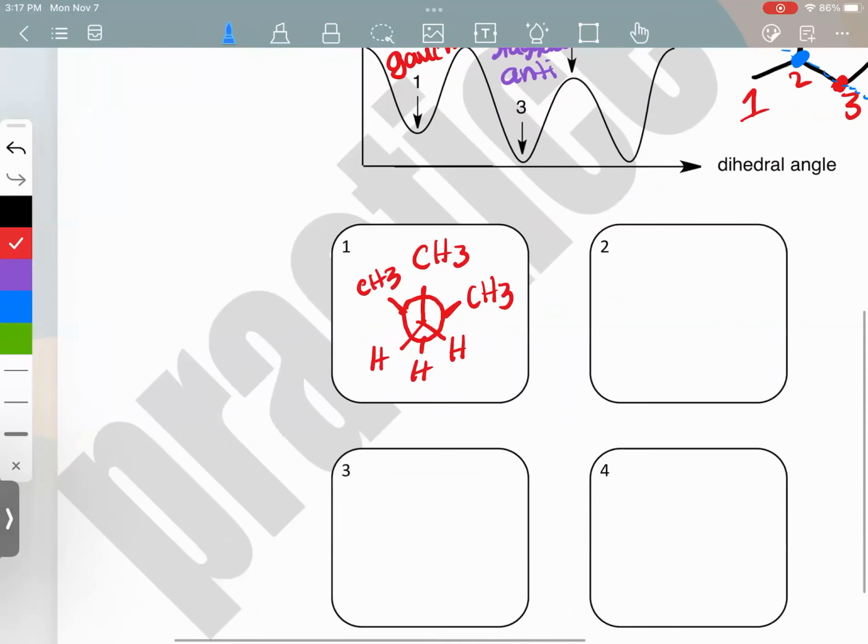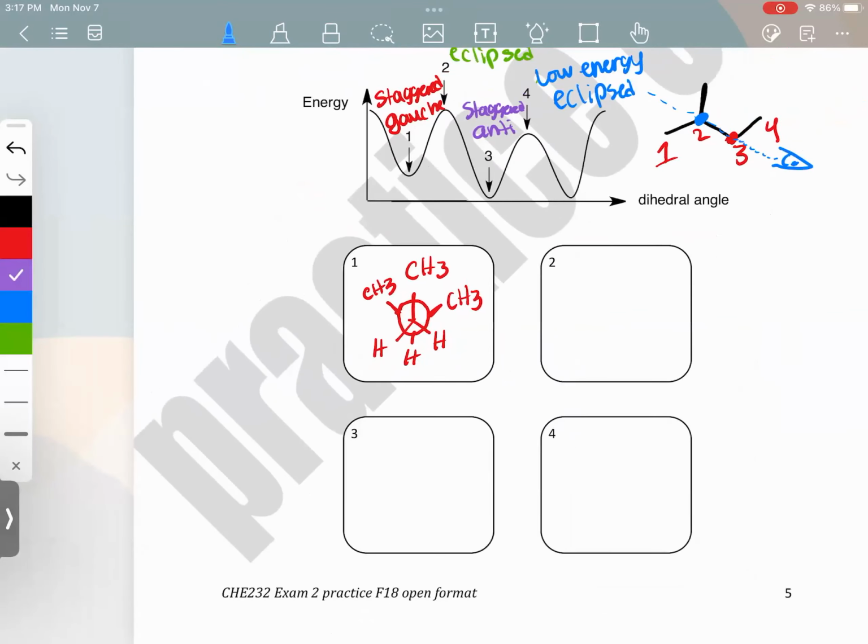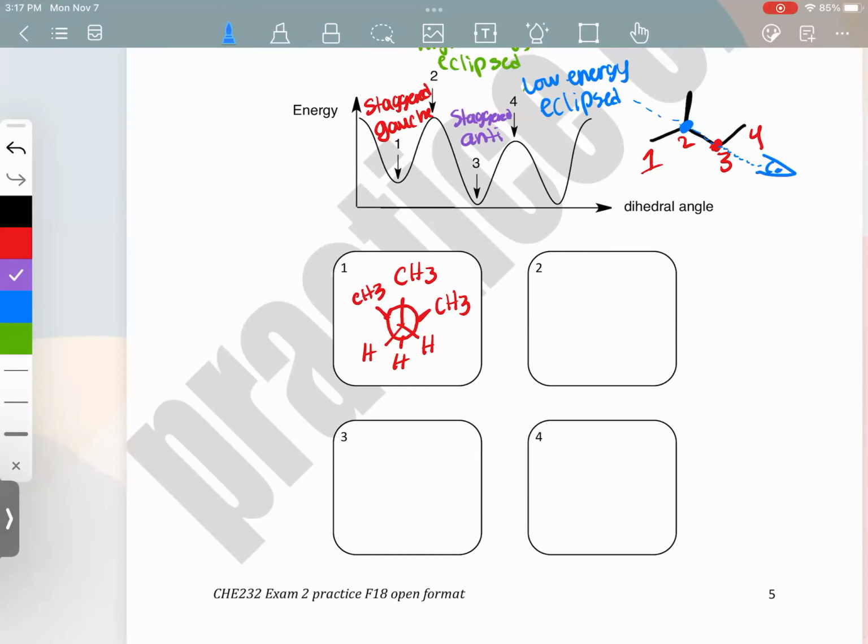Right, so let's do 3. You said it was staggered anti. So looking down the 3, 4 bond again, the first carbon will stay the same: CH3 facing up with the 2 hydrogens down. Now the second carbon. If it's anti, what does that mean? They're going to be facing away from each other.